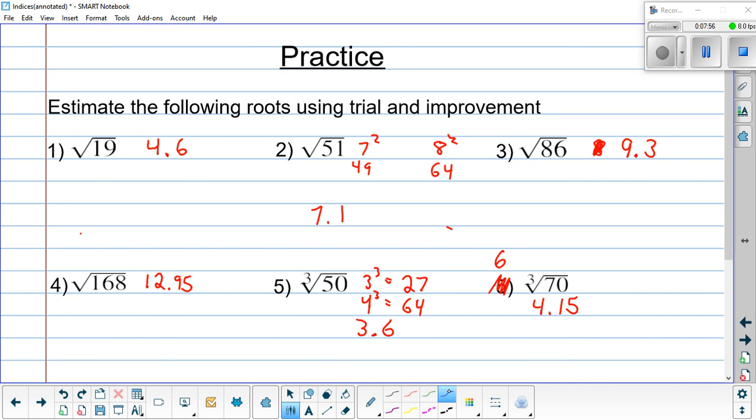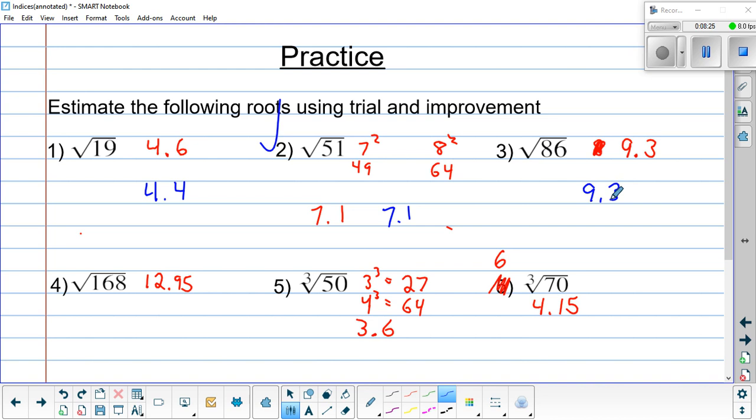Some of you probably would have checked your answers before here. So here, the actual answers I'll do in blue. 4.4, sorry. I'm just going to do 1 decimal place. So here we have 7.1. That one was a pretty good one. 86, 9.3.